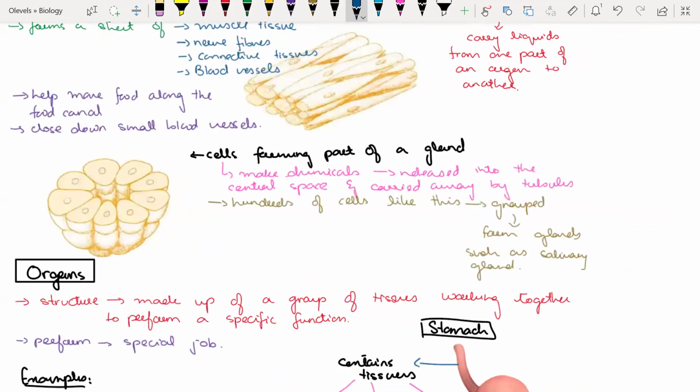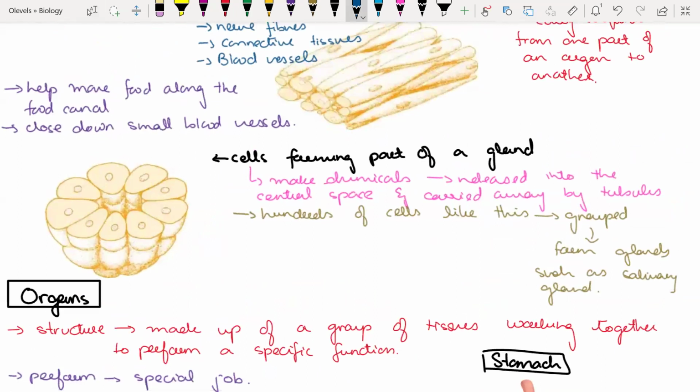Now what happens in a gland? These are cells that make chemicals, and those chemicals are released into the central space and carried away by the tubules, the other kind of tissues, right?